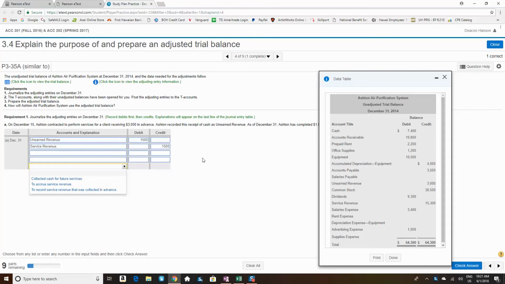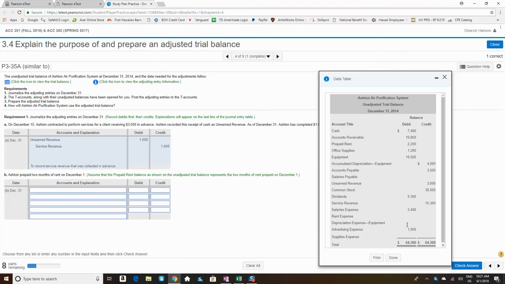Revenue is earned when the services are performed or the goods are delivered, depending on what kind of business you're in. So in this case, because they provided the services, they earned the revenue, so it's no longer deferred. Now it's really service revenue. Okay, to record service revenue that was collected in advance. Okay, that's the best option.